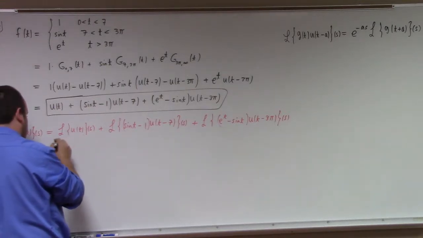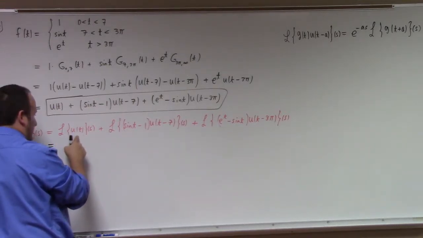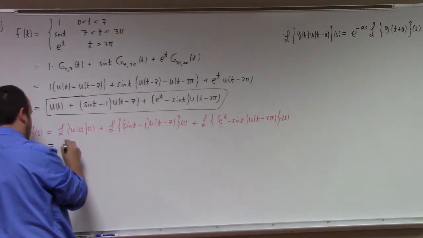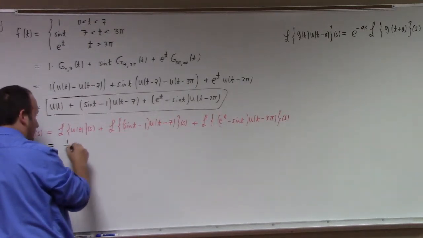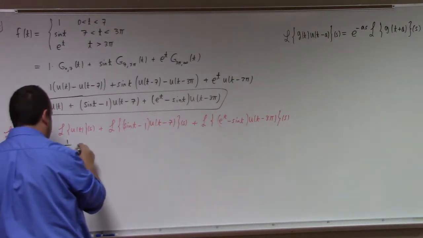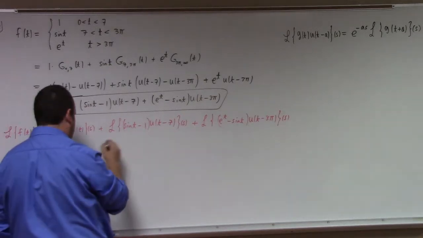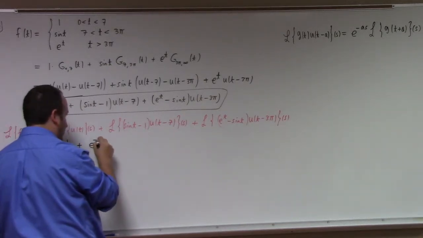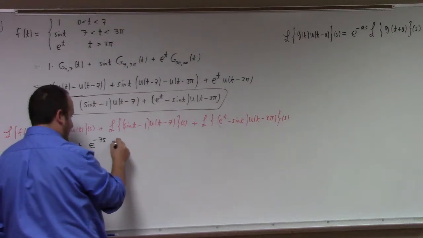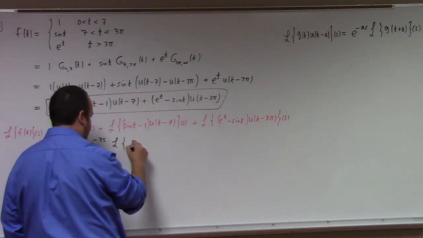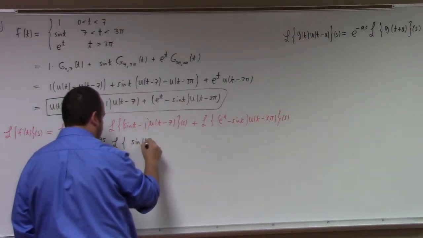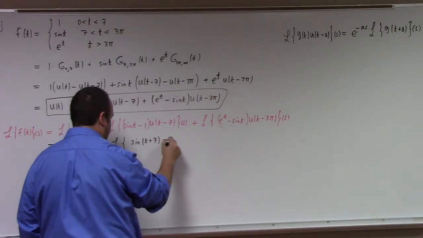This first one's easy. It actually just works out to 1 over s as it happens. I'll explain that more later. Let's focus our attention on the next piece. This will be e to the minus 7s times the Laplace transform of the sine of t plus 7 minus 1.